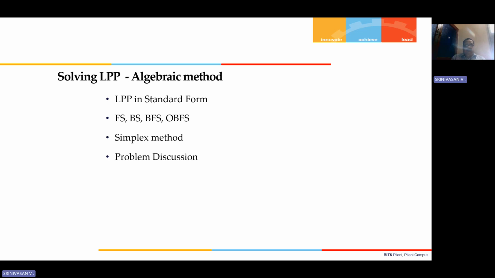Algebraic method. So in the graphical method, as I just mentioned, you have a graphical representation on a plane, preferably only the first quadrant, because you have the decision variables x1, x2, greater than or equal to 0.